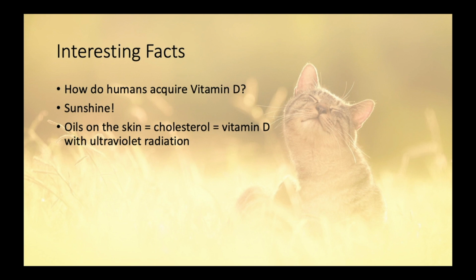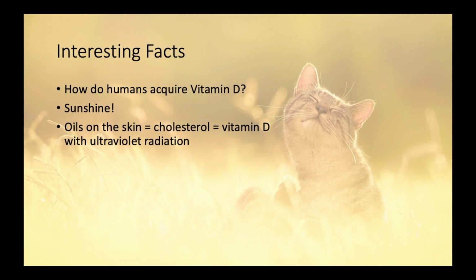The oil that naturally comes from our skin is a type of cholesterol. Okay, so this is how vitamin D is synthesized. It starts off as an oil that comes from our skin. When we stand in the direct sunlight, the ultraviolet rays react with this oil, and they actually radiate the oil.